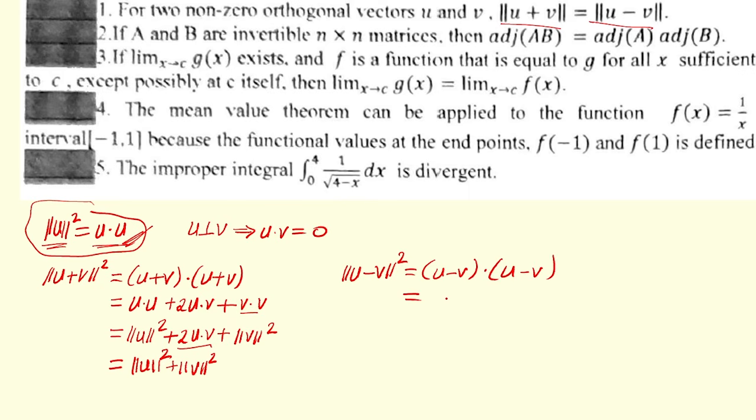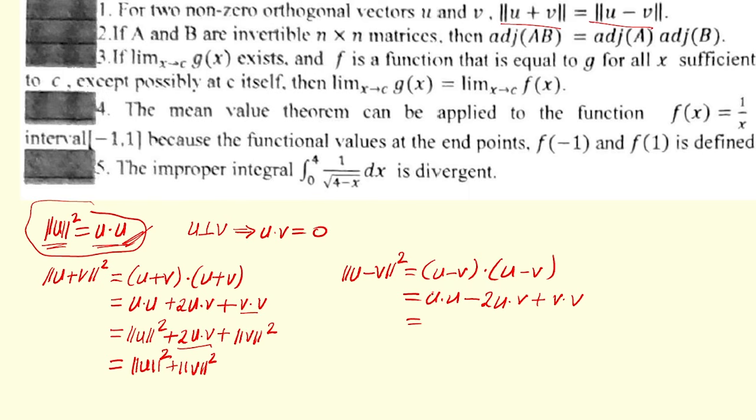The dot product distributes over addition: u dot u minus u dot v minus v dot u. The dot product is commutative, so minus 2 times u dot v, plus minus v dot minus v, which is plus v dot v.